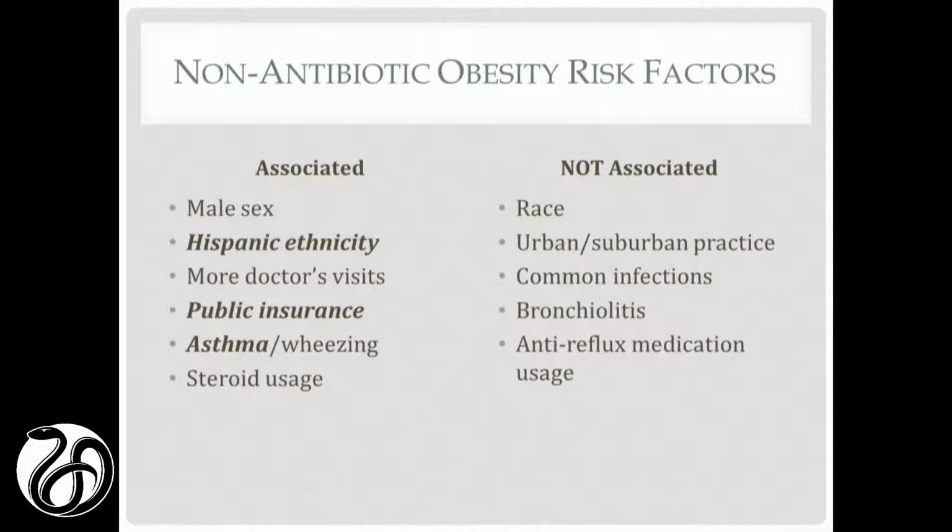We see an association with public insurance coverage as a very crude estimator of socioeconomic status. Interestingly, we don't see that map into urban versus suburban location of practice, despite differences in median incomes across those environments.